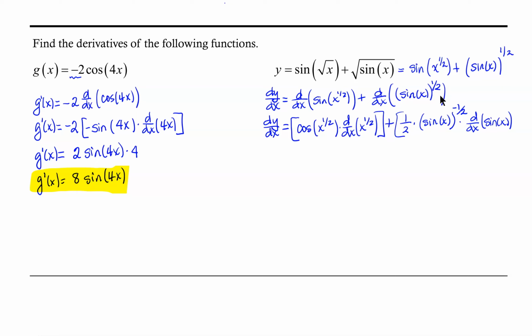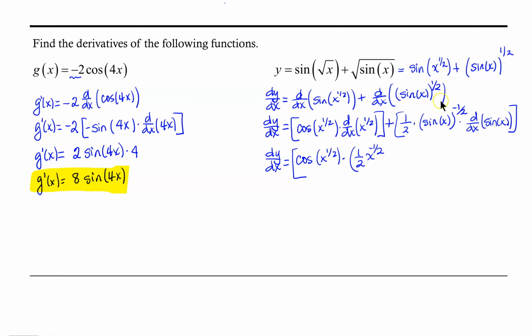So continuing on, to finish out this chain rule, we have dy dx equals cosine of x to the 1/2 power times the derivative of x to the 1/2. That would be 1/2 x to the negative 1/2.